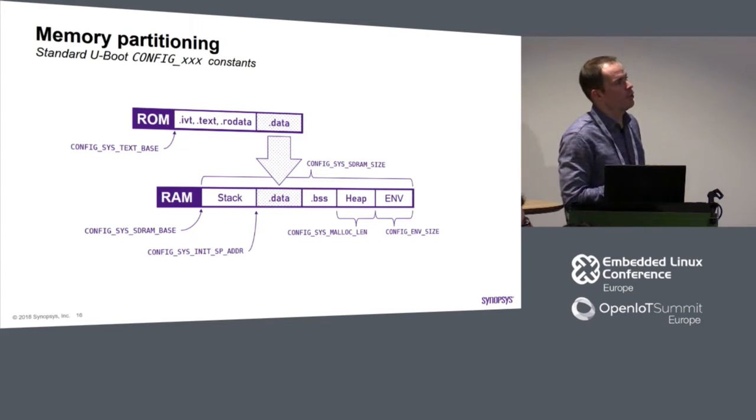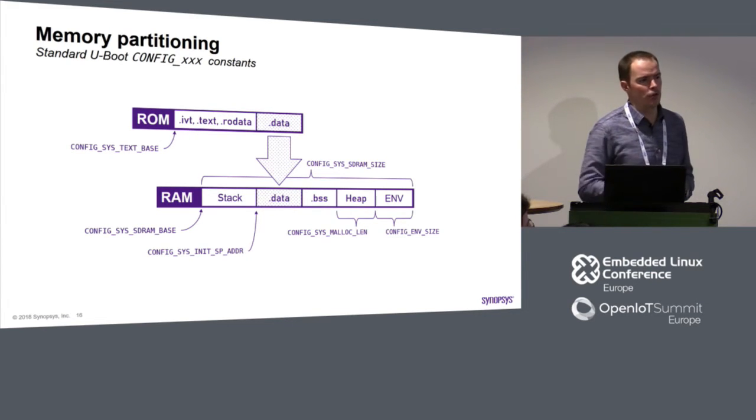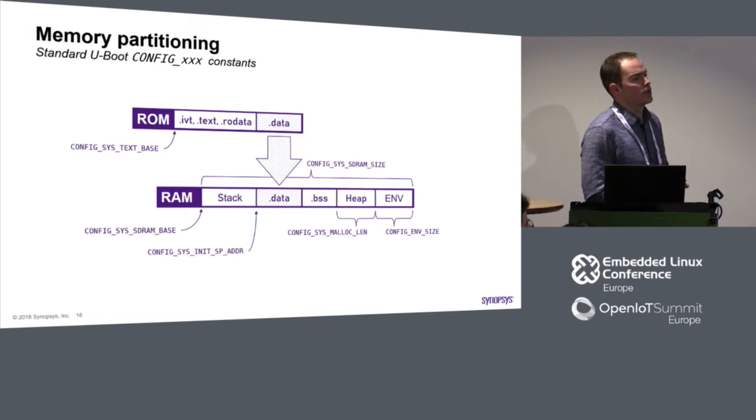The second question: how can we have such a strange situation where the linker creates the U-Boot bin with data here, but then we move it somewhere, and from this code we still may refer to variables, for example, in that array in a completely different memory region? So let's try to answer that. To answer the first question, we need to understand what U-Boot does during initialization in terms of memory allocation.